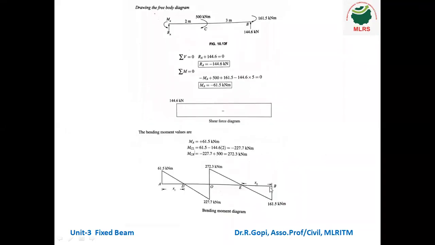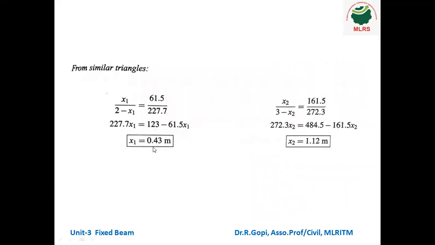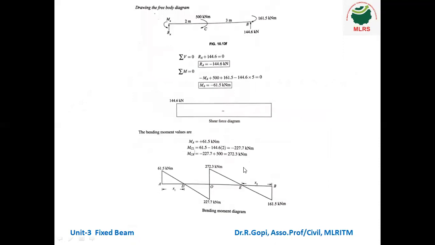So you can see the corresponding lengths of the points of contraflexion: x1 equal to 0.43 meter, x2 equal to 1.12 meter. Okay students, so this problem is over.